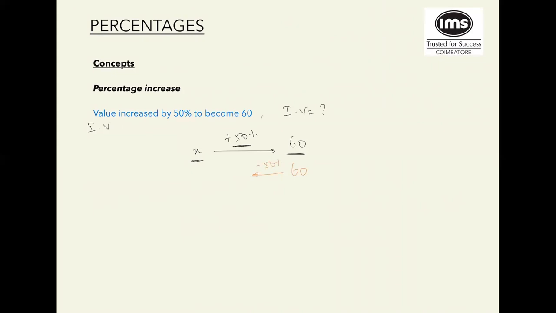Now, the reason is this 50%: you have to be careful of which value you're taking as 50%. This is always 50% of the initial value. It is not the final value's 50%.